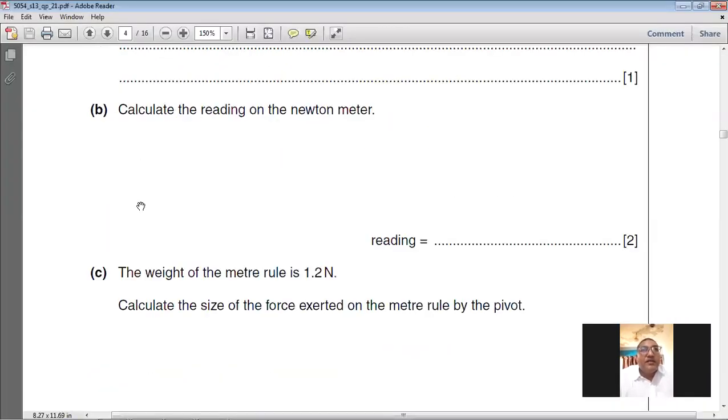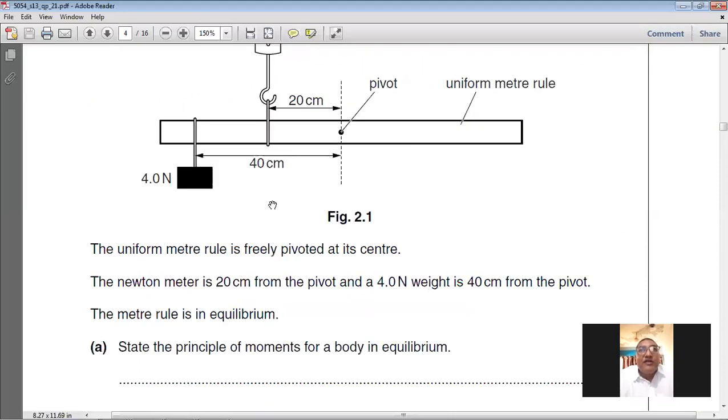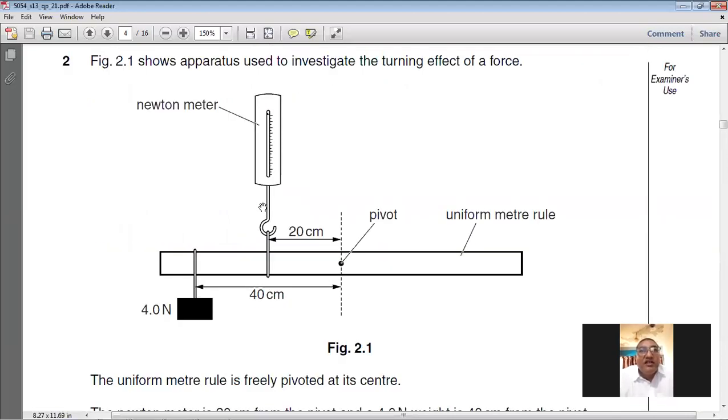Okay. Then it says calculate the reading on the Newton meter. It's a 2-mark numerical. Let me take you back to the figure. So here is the force exerted by the Newton meter, and this force is trying to produce a clockwise moment. This 4 Newton weight is trying to produce an anti-clockwise moment.